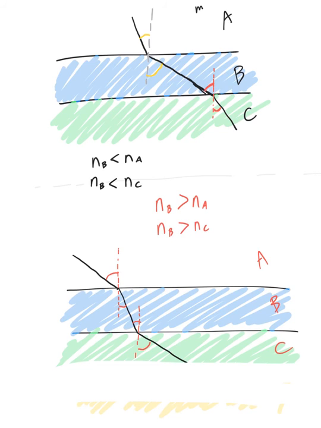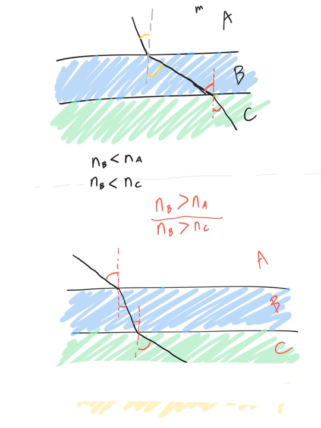Which one had the bigger reaction, the biggest change going from B to C? You can see that A and B are different, but if you look at the angles, they're not experiencing quite as drastic a change.